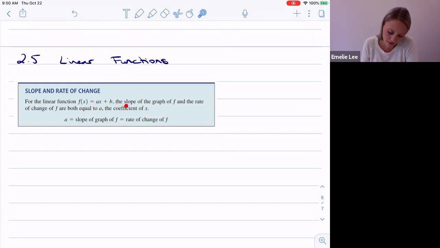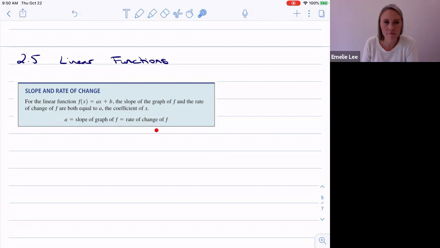The slope of the graph of f and the rate of change of f are both equal to a, which is the slope. We're used to calling it the slope. Whatever's attached to the x, in y equals mx plus b, m is the slope. m is attached to the x.